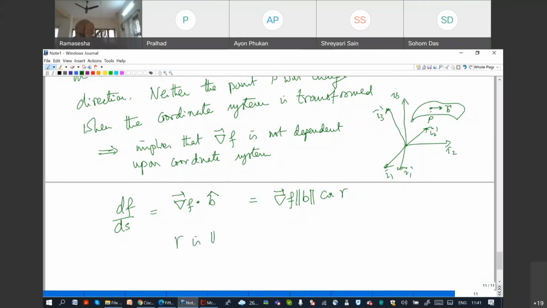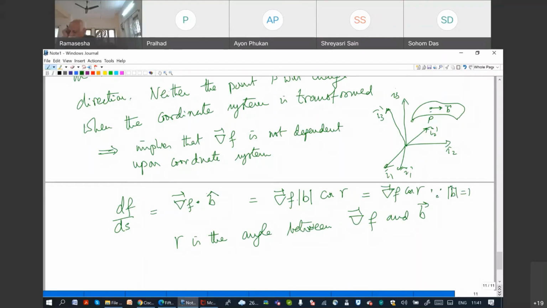Gamma is the angle between grad f and b, because that's what we mean by dot product. And this is equal to norm of grad f times cos gamma, because modulus b is equal to 1.